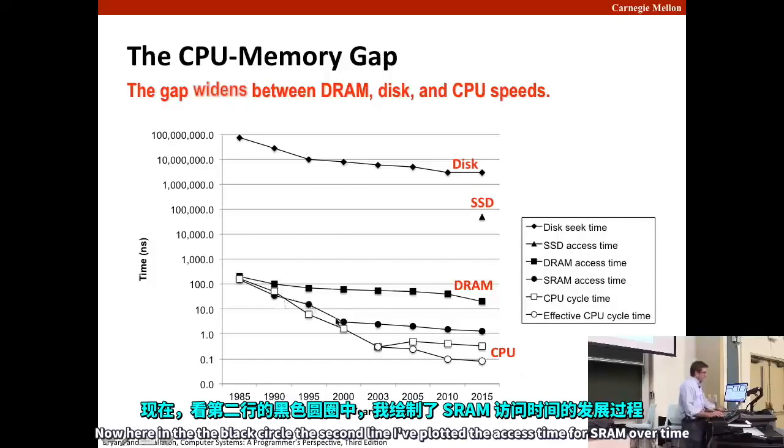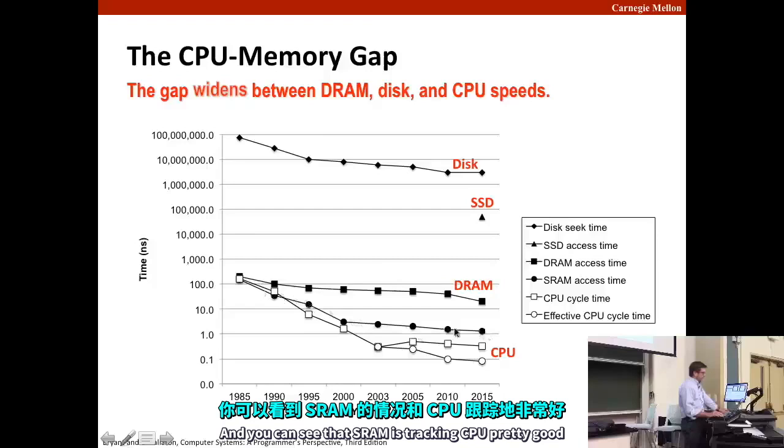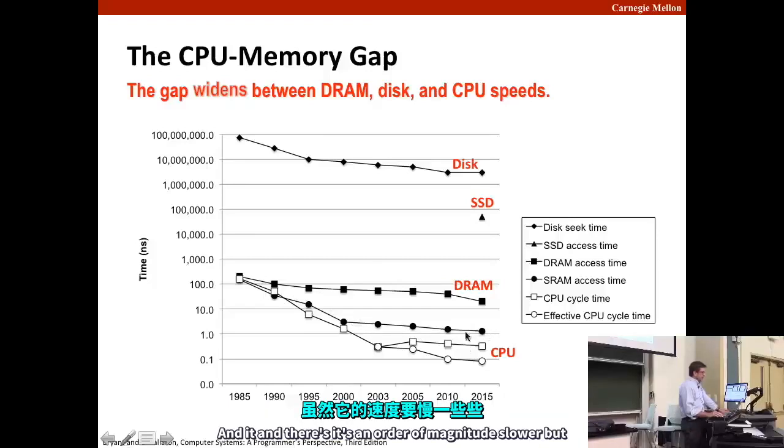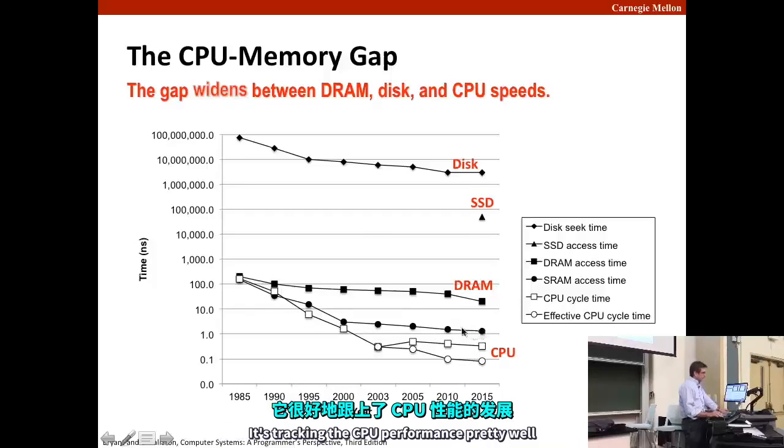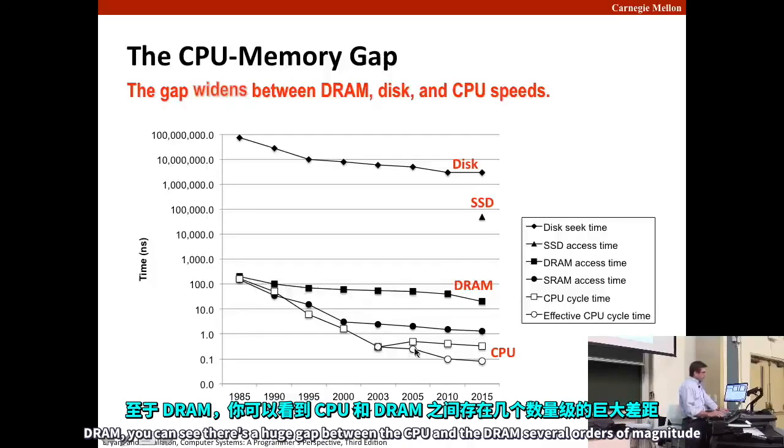Now here in the black circle, the second line, I've plotted the access time for SRAM over time. You can see that SRAM is tracking the CPU pretty well. It's an order of magnitude slower, but it's tracking the CPU performance pretty well. For DRAM, you can see there's a huge gap between the CPU and the DRAM, several orders of magnitude.